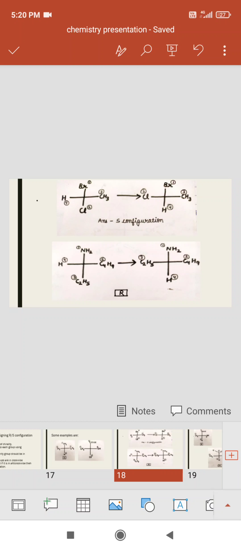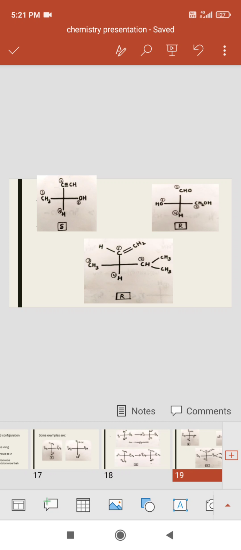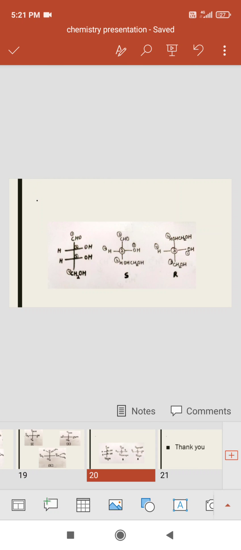So we have to lie the hydrogen on the vertical line, so we change the positions of C2H5 and H. Here NH2 gets the first priority, C4H9 gets the second priority, and this configuration will be R. Here are some more examples. In the first case, OH gets the first, C triple bond CH second, CH3 third, and H fourth, this will be S. So these are some more examples, and this is the last or important one.